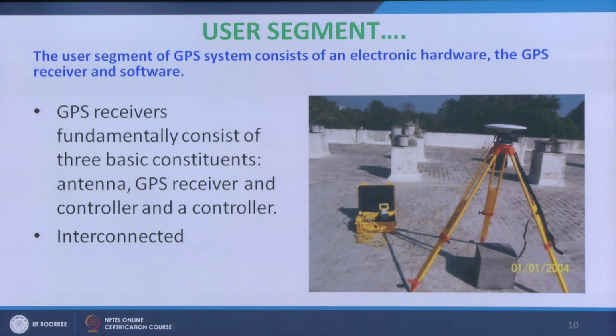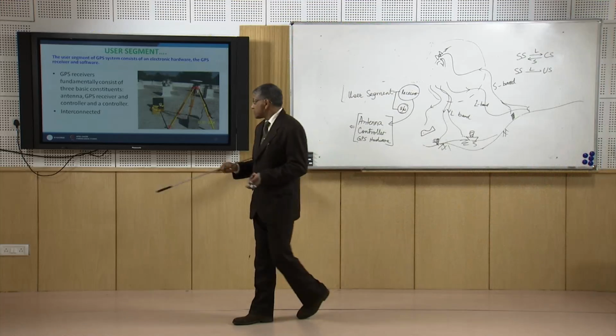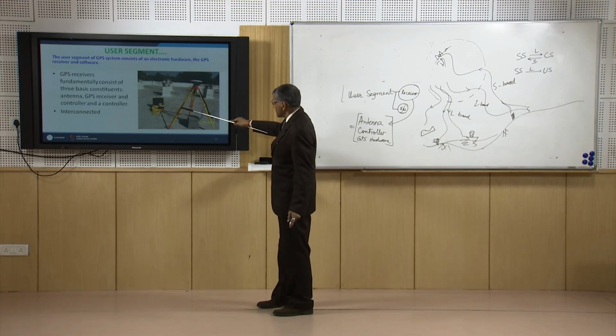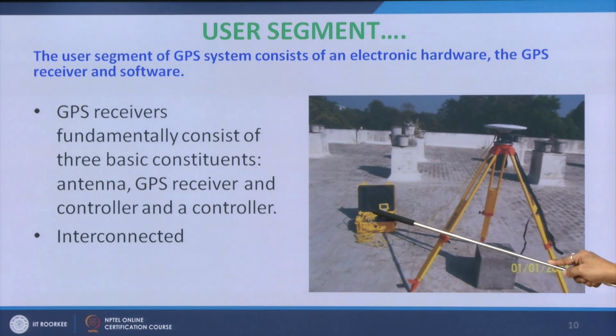There is a connection between the receiver and the antenna, and there is connectivity between the controller and the receiver. The antenna receives the GPS signal, which it conveys through this connection to the receiver.